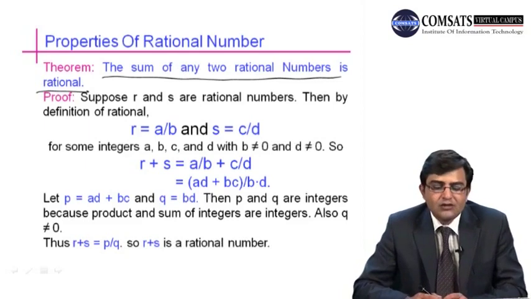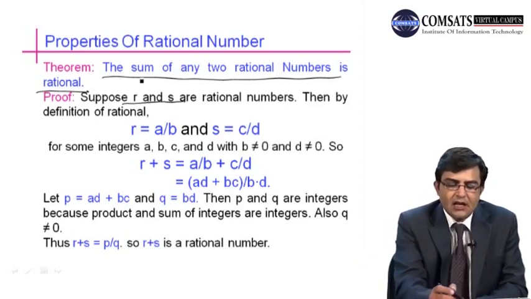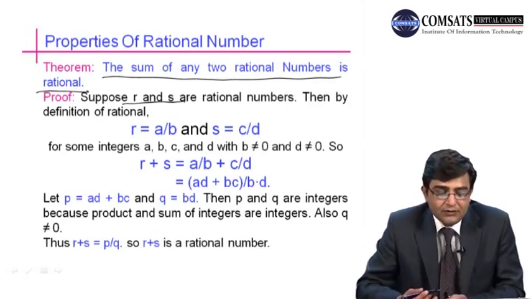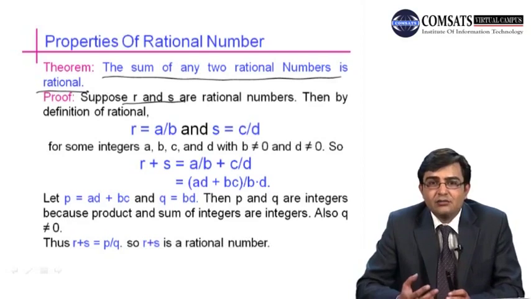First of all, we suppose that we have two rational numbers. Suppose R and S are rational numbers. We have supposed it because we must prove the sum of two rational numbers is rational, so to take a sum, we must already have two rational numbers.